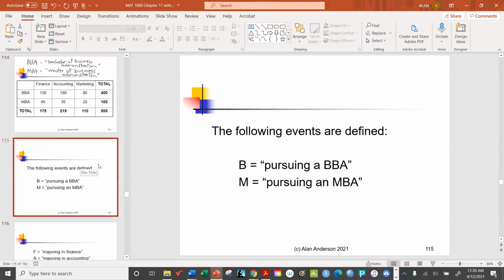Now, we're going to use letters going forward to represent these different events, just to speed things up, so you don't have to write all the time. B will now represent pursuing a bachelor's degree in business administration, and M will, obviously enough, represent pursuing an MBA.